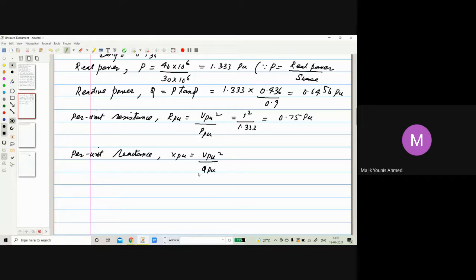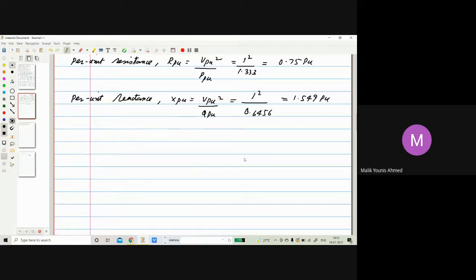That is the same relationship we use in absolute systems. So 1 square divided by QPU, which is 0.6456, and this comes out to be 1.549 per unit. So you have got RPU and also XPU.